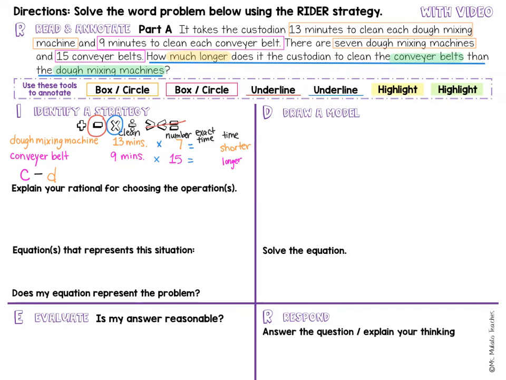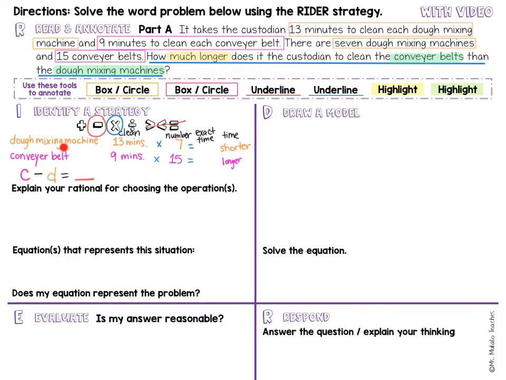This will give us the difference and tell us how much longer it takes to clean the conveyor belts than the dough mixing machines. So with this in mind, we can write our equations that represent this situation.